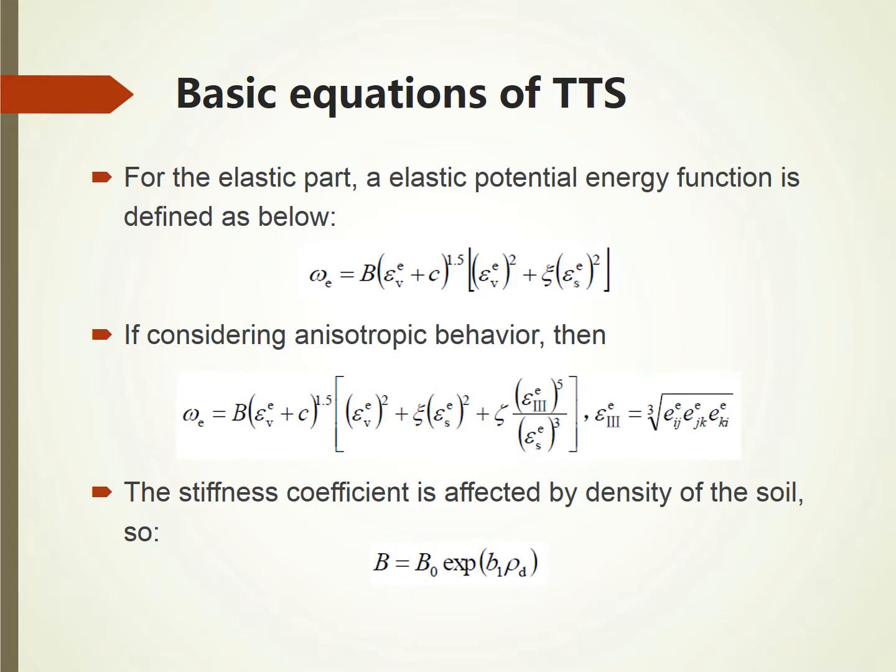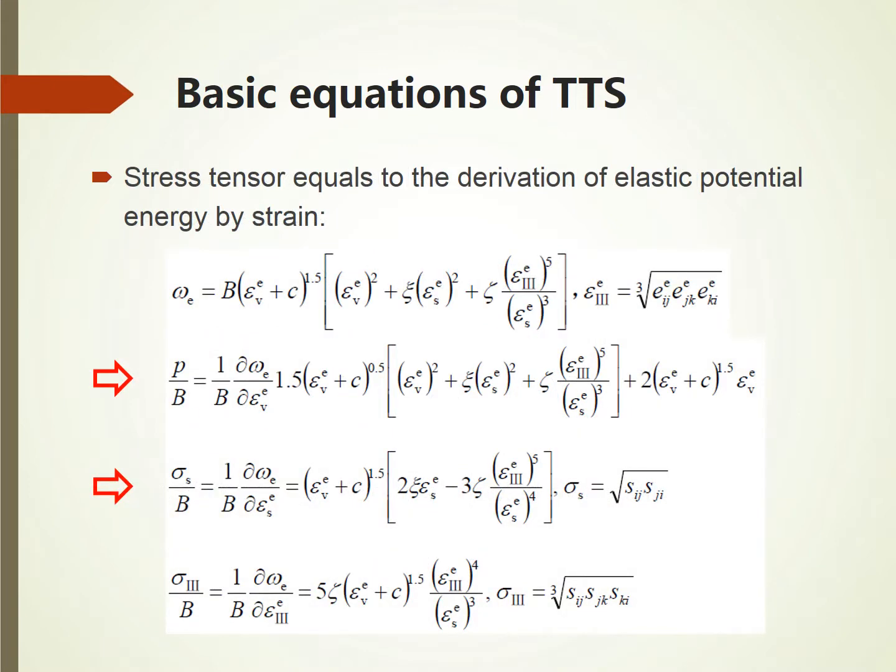Sorry, five parameters, and C, right? And the stress tensor equals the derivative of the elastic potential energy with respect to strain. So we can get the normal stress P, the shear stress sigma S, and the stress which shows the anisotropic part of stress, sigma 3, here.